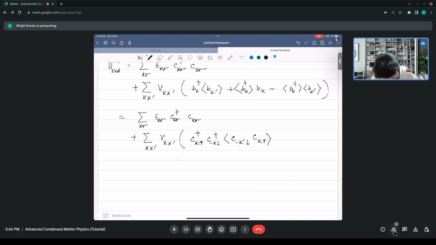Then the second term is c k up dagger, c minus k down dagger, and so this becomes ck prime c minus k down, c k prime up.